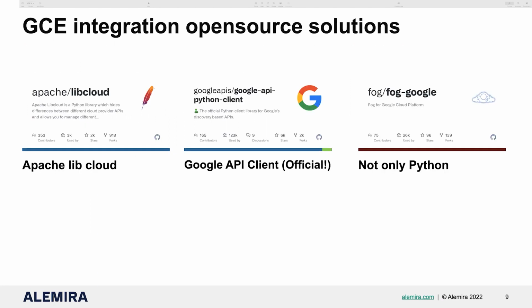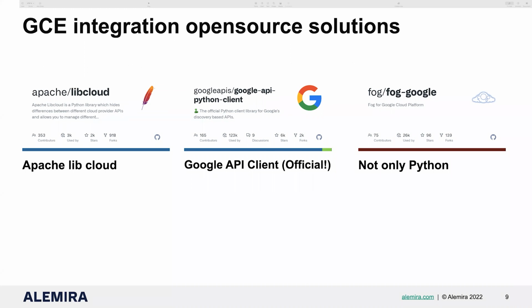In fact, there are at least 3 different types of solutions that you can choose. The first one, and it's the solution that we are using, is provided by Apache. It's Apache libcloud, and it's very popular, so you can see the amount of stars that they have.